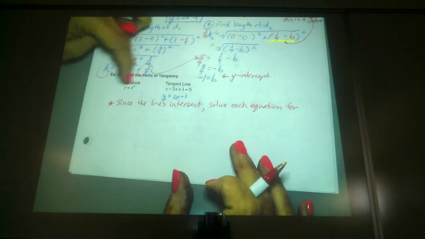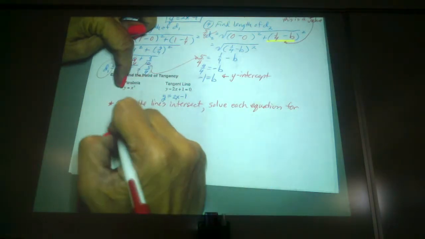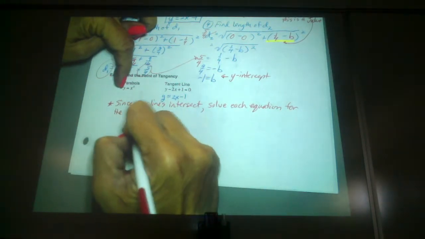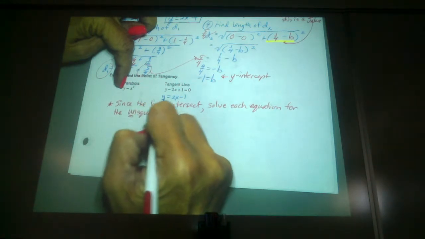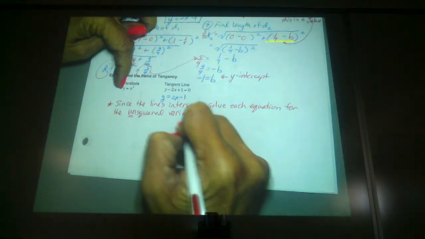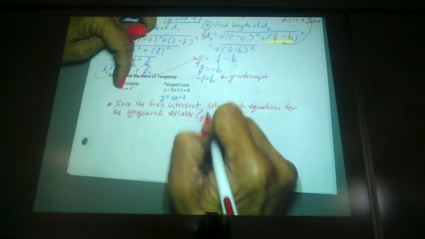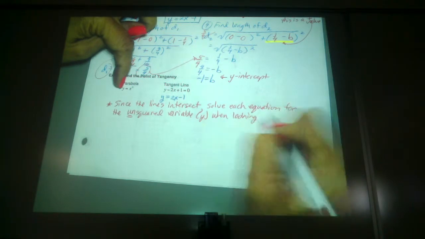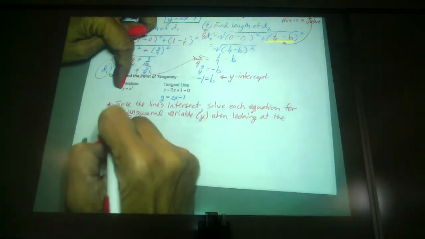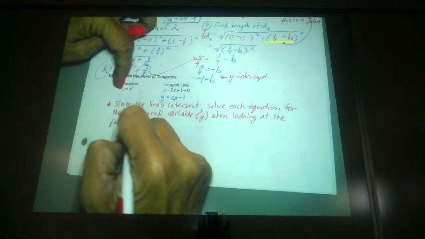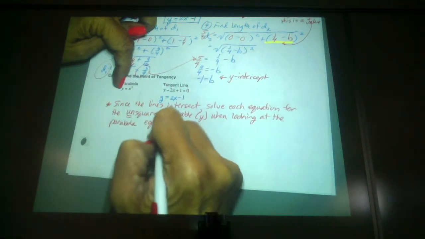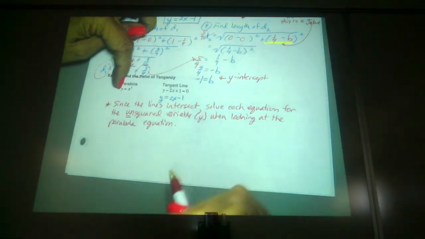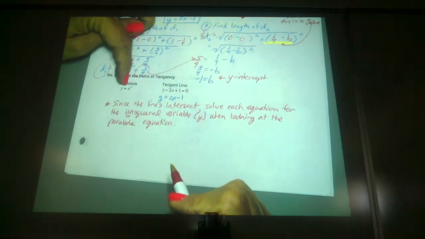Look at the parabola equation, and whichever variable is not squared, solve for the unsquared variable. In this case, it's going to be y when looking at the parabola equation. If you try to solve for x, it makes your work a whole lot more difficult.